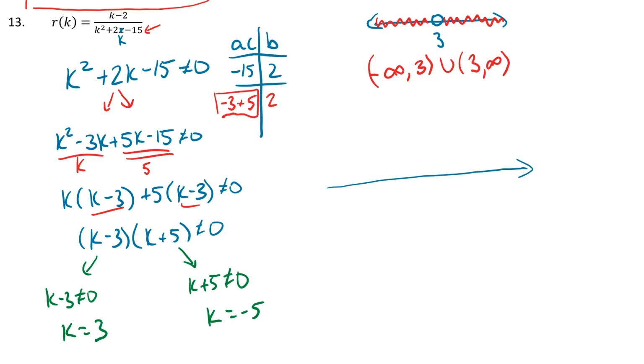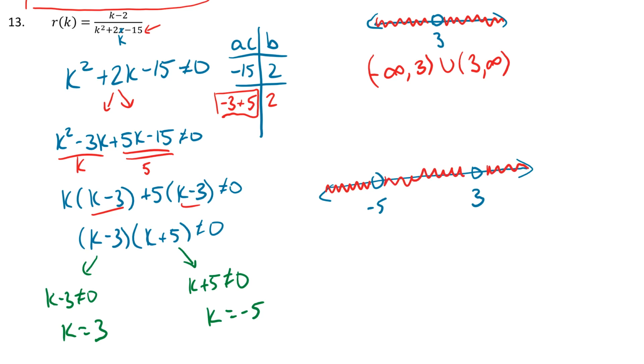And then we can go ahead and make our number line. So this time there's actually 2 different things we need to put on our number line. We have negative 5 and we have 3. So it just can't be those 2 specific numbers. So it can be anything over here to the left, anything in between, and anything to the right of 3. It just can't be those 2 specific numbers.